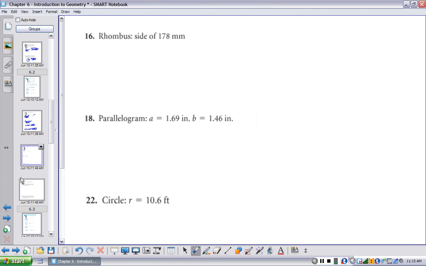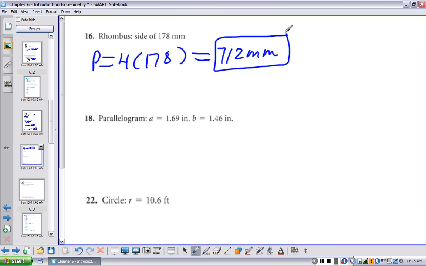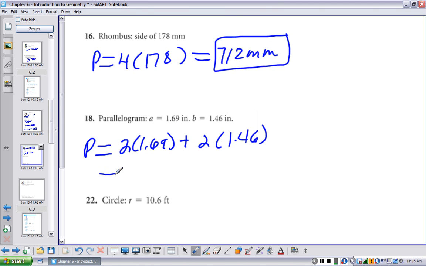If you remember, a rhombus, all 4 sides are equal, so the perimeter is 4 times 178, and that is 712 millimeters. A parallelogram, if you remember, you have 2 sides A and 2 sides B, so what you have is 2 times 1.69 plus 2 times 1.46. And in that case, we are looking at 6.3 inches.